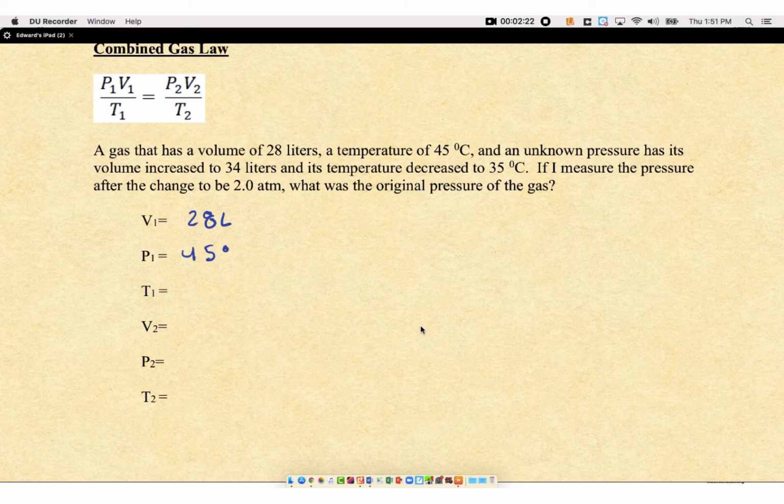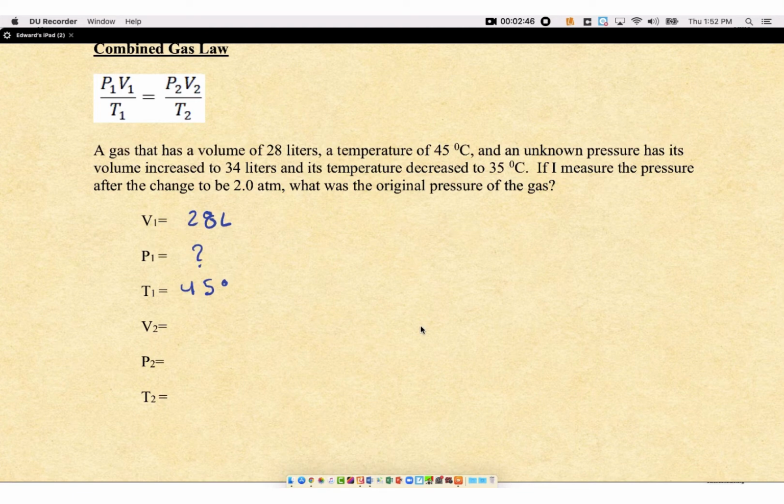If I measured the pressure after the change to be 2 atmospheres, what is the original pressure of the gas? So this is what I don't know. Okay, and then let's go do the other part.